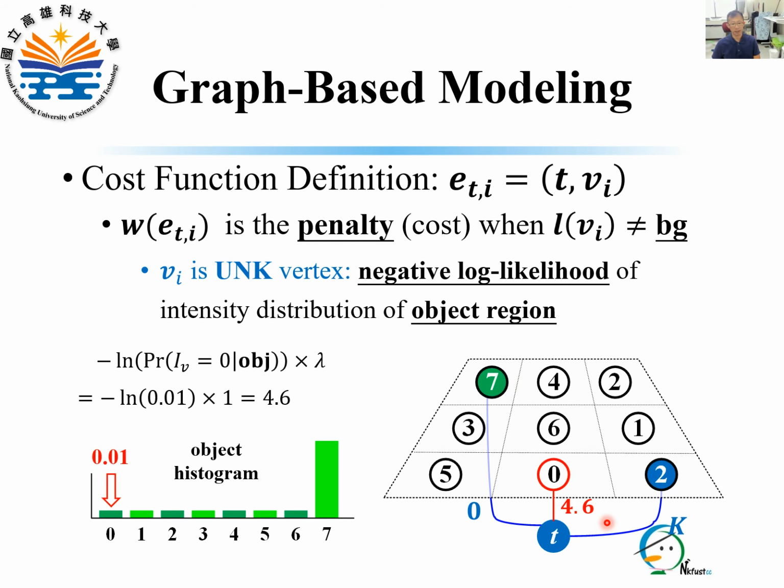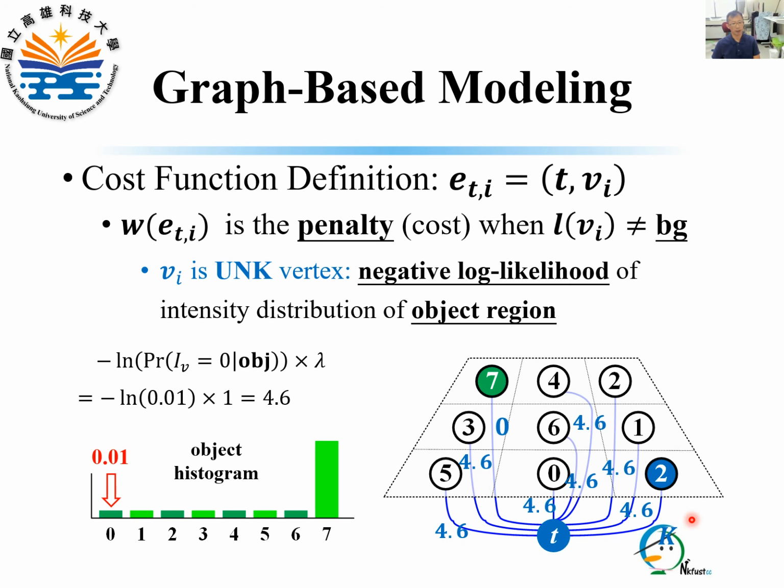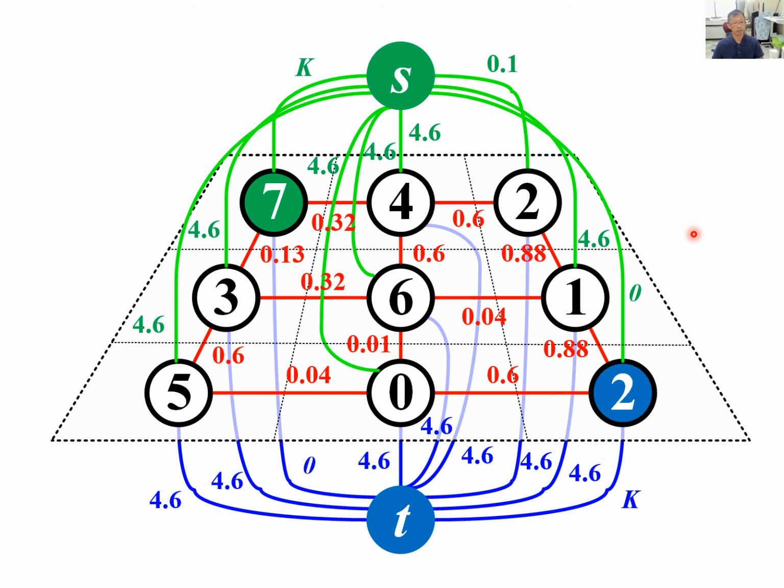For instance, the cost of the red edge is calculated using the given equation and is equal to 4.6. This picture displays all the costs associated with the sink terminal edges. Finally, we have constructed a graph for interactive segmentation as shown in this picture.